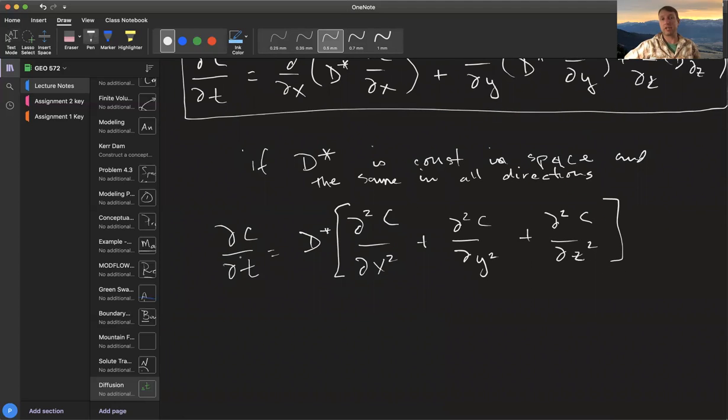That says the change in concentration with time is equal to the diffusion coefficient times the curvature of the concentration. So Fick's second law is really what I would call the diffusion equation, but it's the same thing.